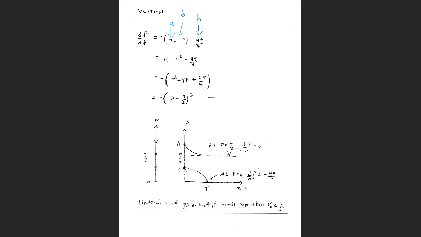Usually we like things factored out, but what I'm going to do is just distribute the P through the parentheses. And so I'll get dP/dt equals 7P minus P squared minus 49/4.